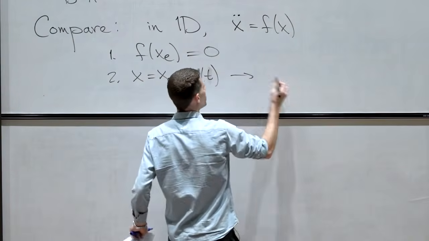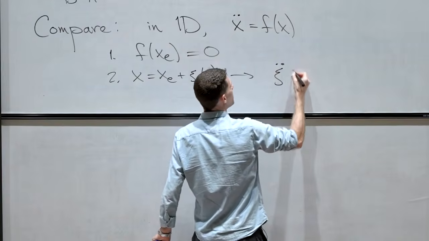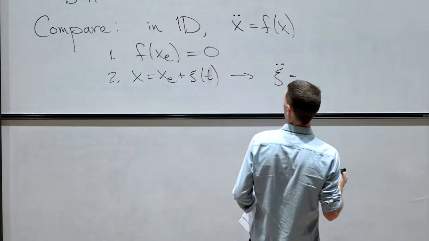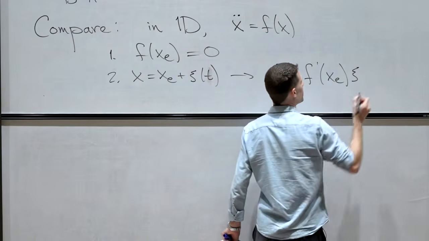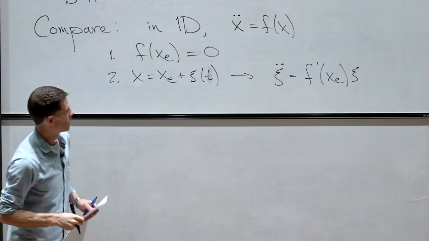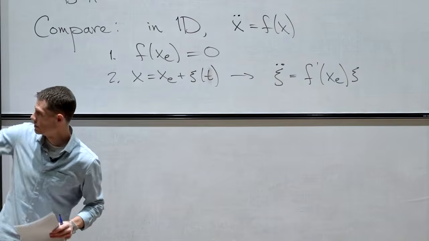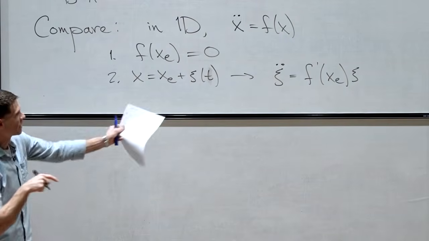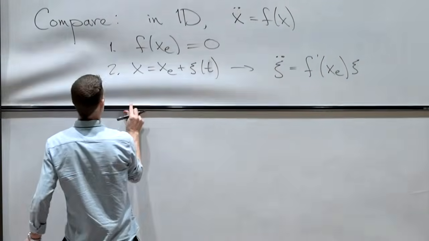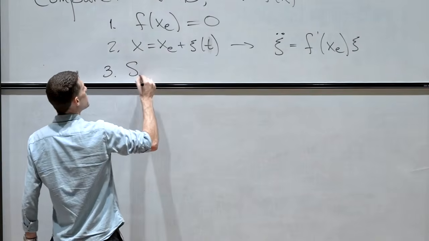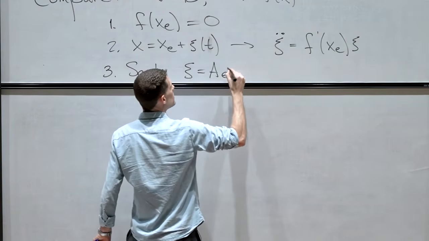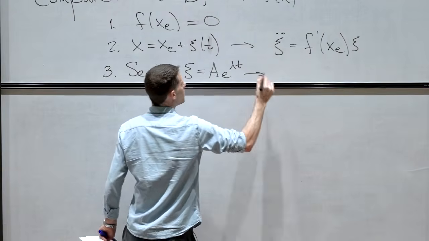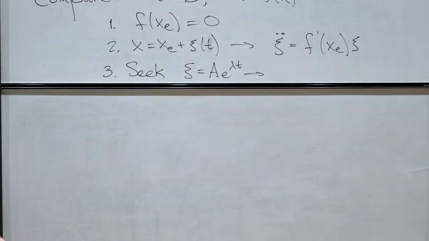And that gives me an equation psi dot dot is f prime x_e times psi. And rather than just solve that directly, let's do what we did over here, which is say, okay, let me look for an exponential solution, a e to the lambda t.